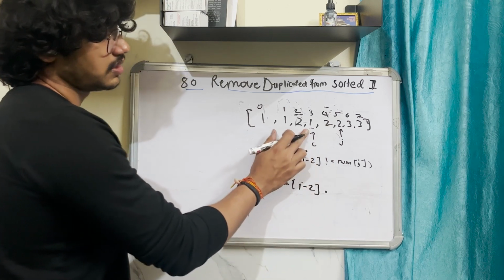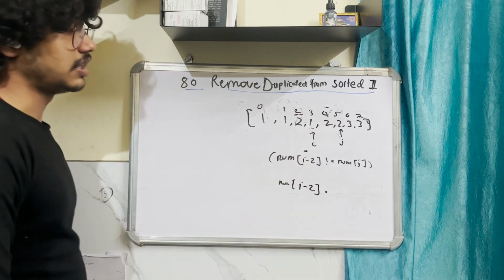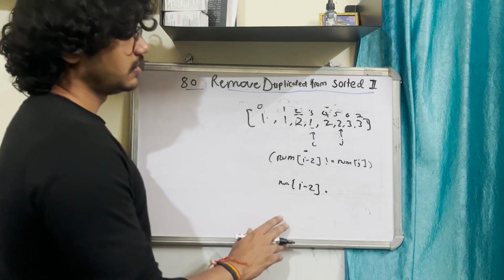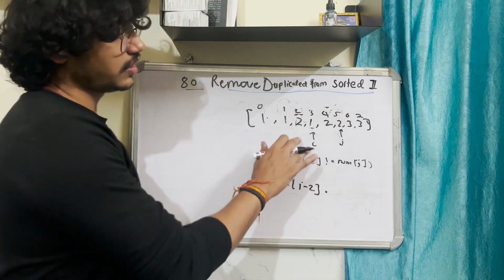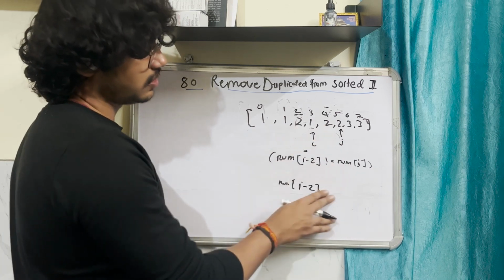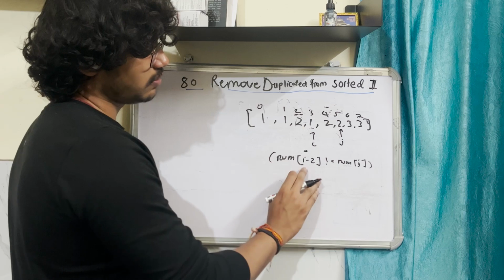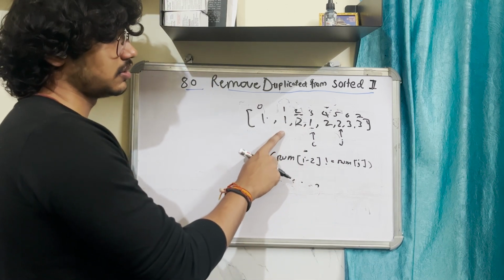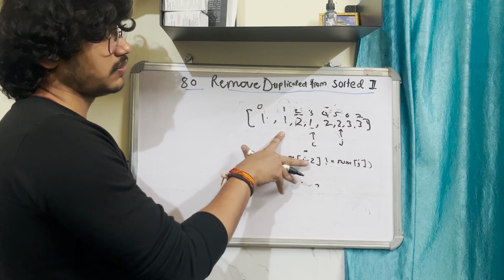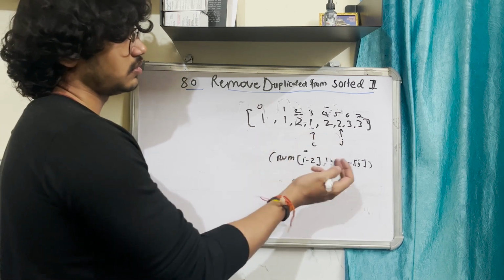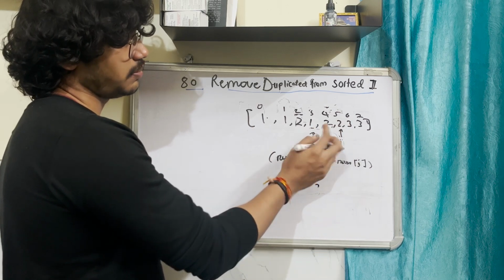You saw this is the same as this. So it is the same, and you want a new element to put here. So you check if nums of I minus 2, at this position, is the same as nums of j, the current one. These two are not the same, so you'll put this value up here.